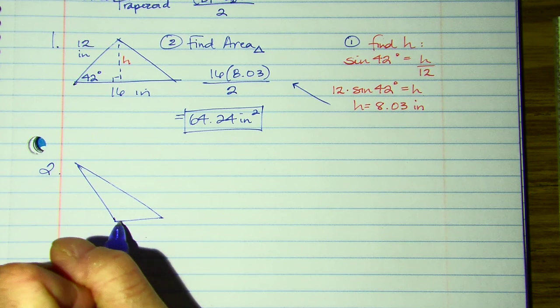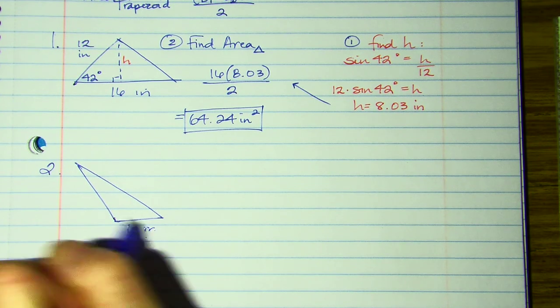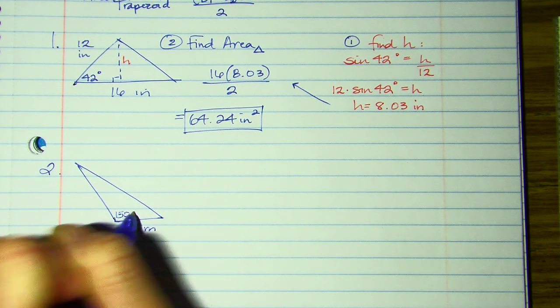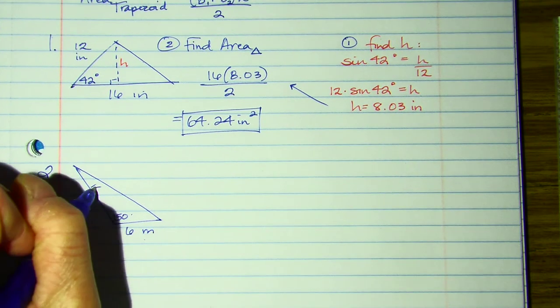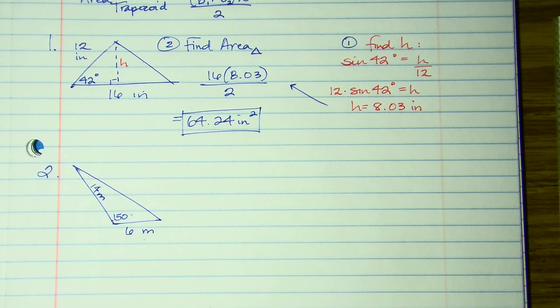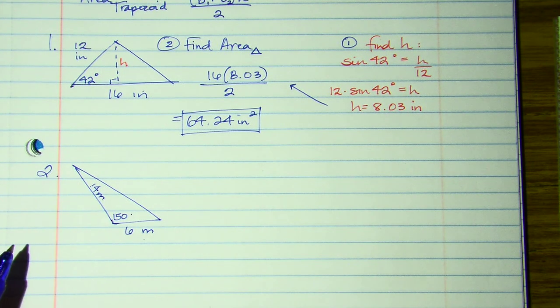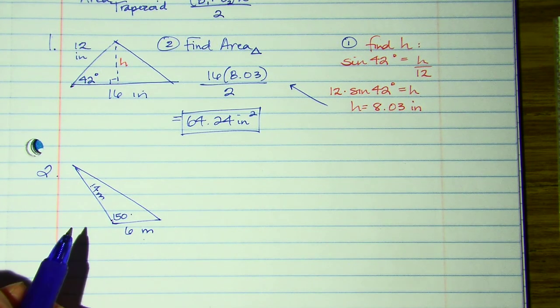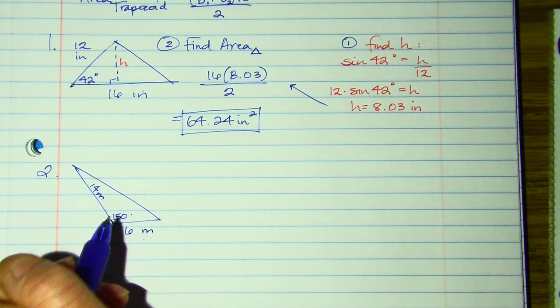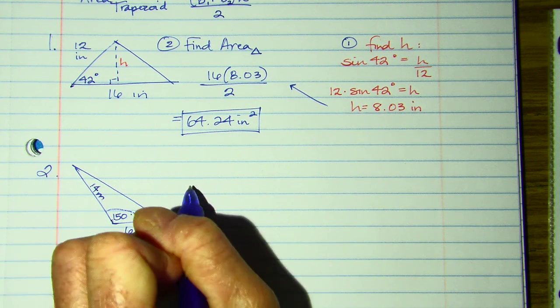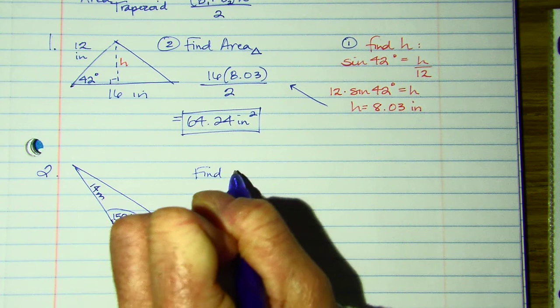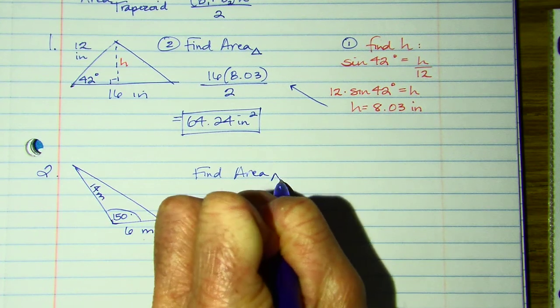All right, so this is 6 meters. This angle here is 150 degrees, and this side here is 14 meters. And so they'd like us to find the area of our triangle.